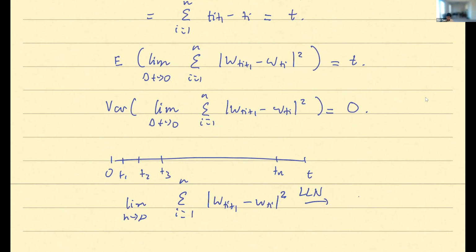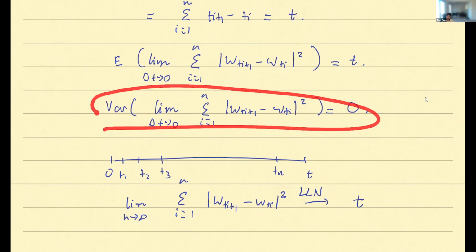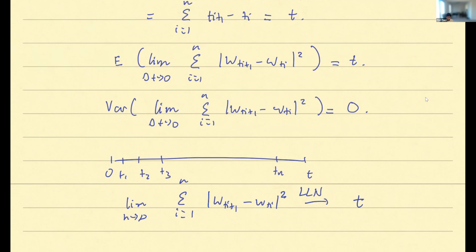Does that make sense? So yeah, I guess I'm cheating here a little bit. There is something about the variance that you probably want to check. But here, these are scaled very well. As you divide delta t to be smaller, the expectation is always kept constant.